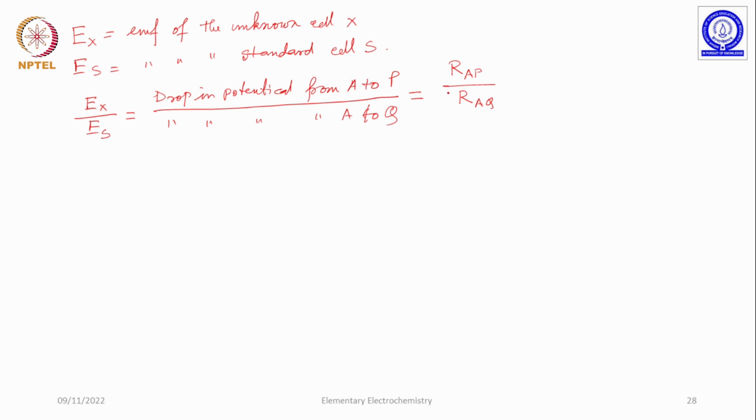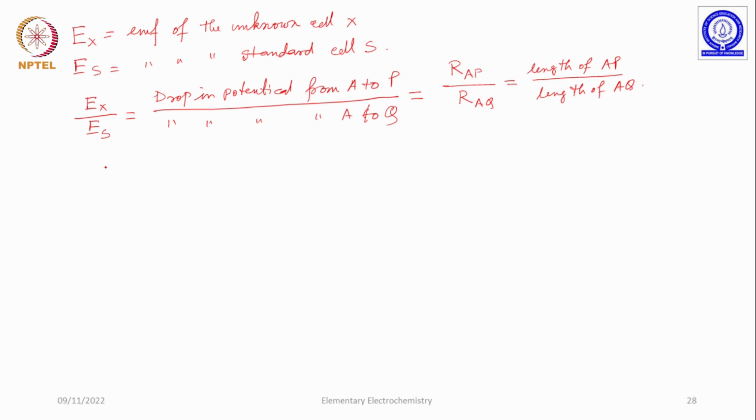And since this wire is of uniform resistance, that resistance is proportional to the length of AP divided by the length of AQ.